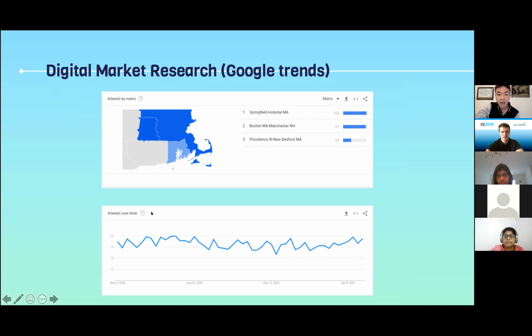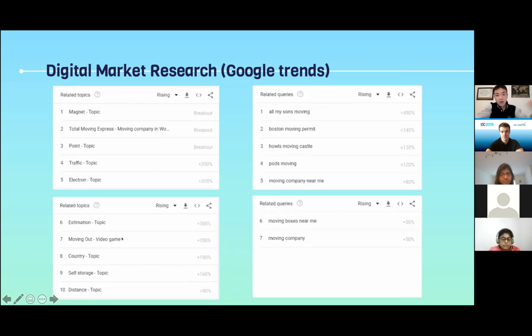On a daily average, we get around 75 to 100 searches on moving. And the most relatable queries are All My Sons, which is a competitor, and this one, Boston Moving Permit.